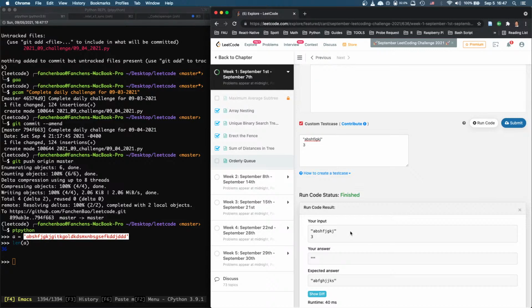A, B, A, C, F, J, G, K, J, right? So, what are we saying? We're saying that if we move the largest to the front, so it's JKS.